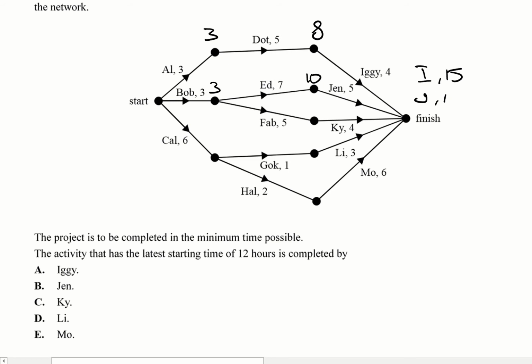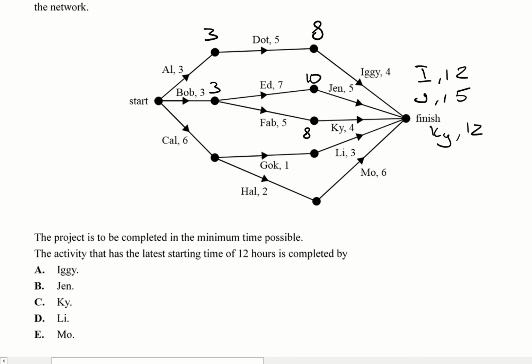What am I doing? Oh, that was a bit of a brain fade there. 8 plus 4 is 12. That's 15. My apologies. 3 to Fab, that would be 8, and 4 would be 12 again. So Kai, coming in from Kai, would be 12.